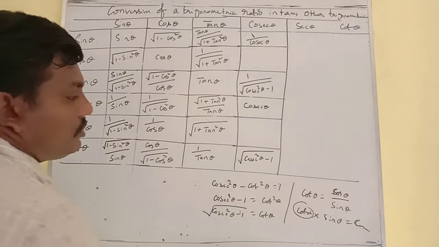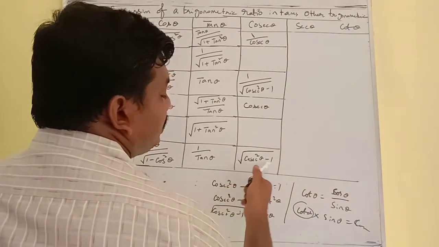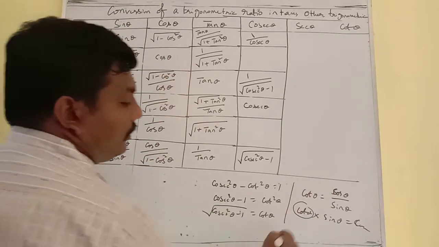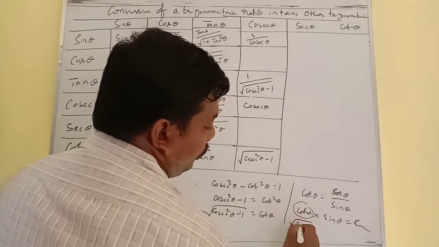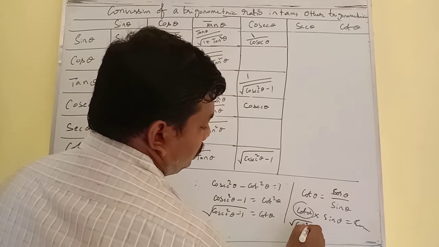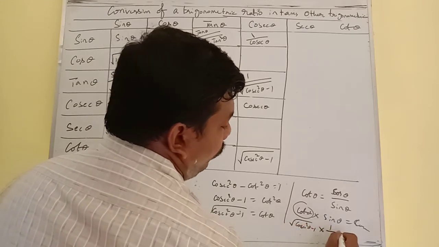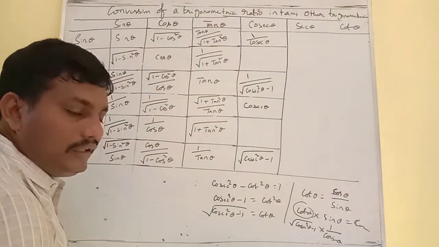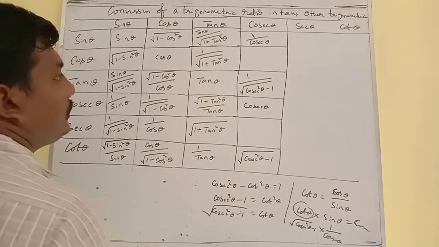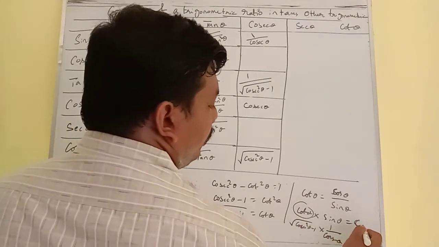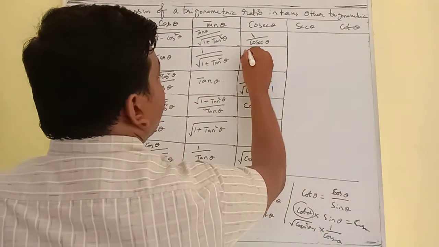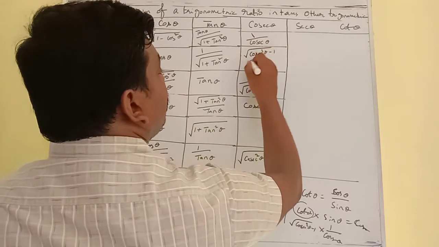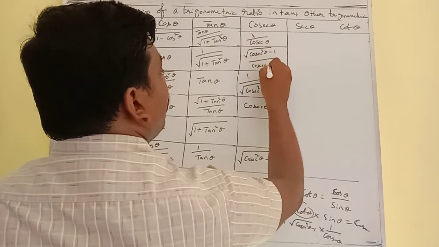Cot theta is root of cosecant square theta minus 1, and sin theta is nothing but 1 by cosecant theta. So this is root of cosec square theta minus 1 into 1 by cosec theta. That is root of cosec square theta minus 1 by cosec theta. That is cos theta.